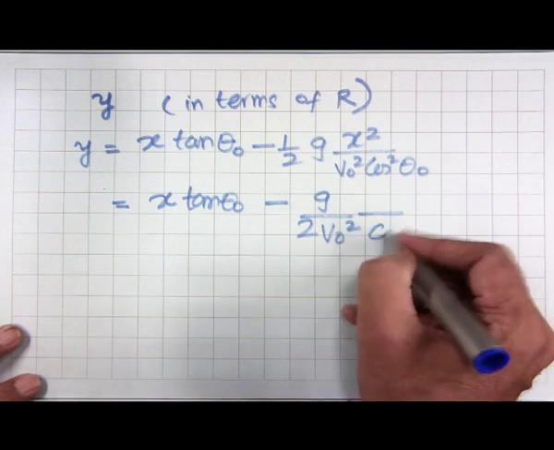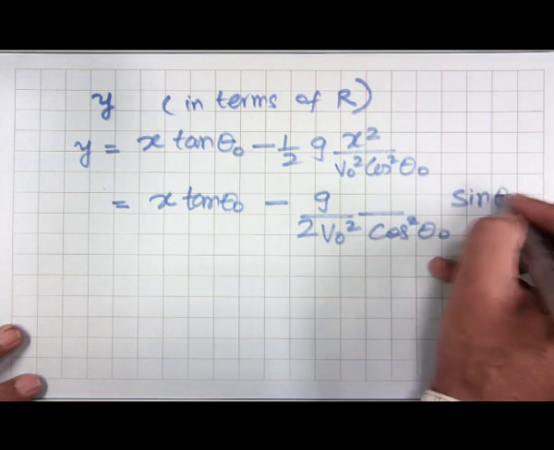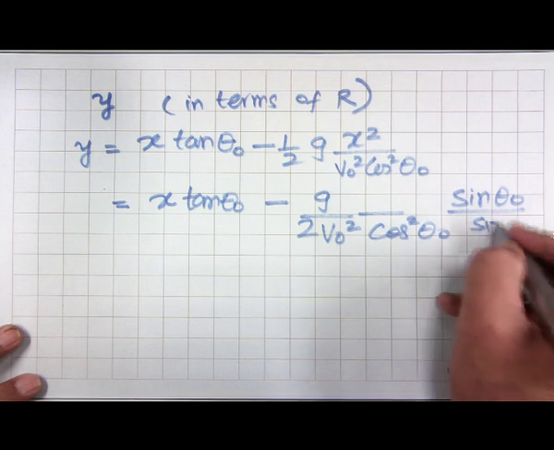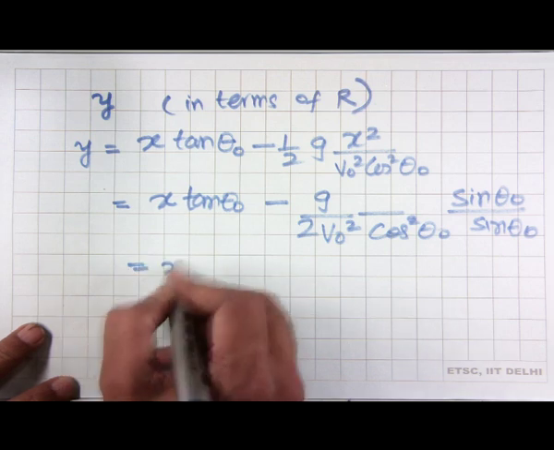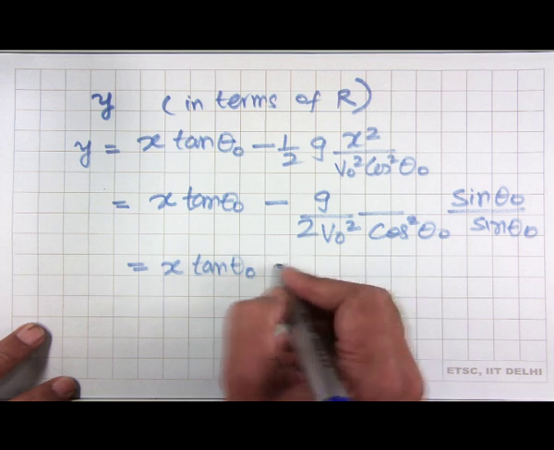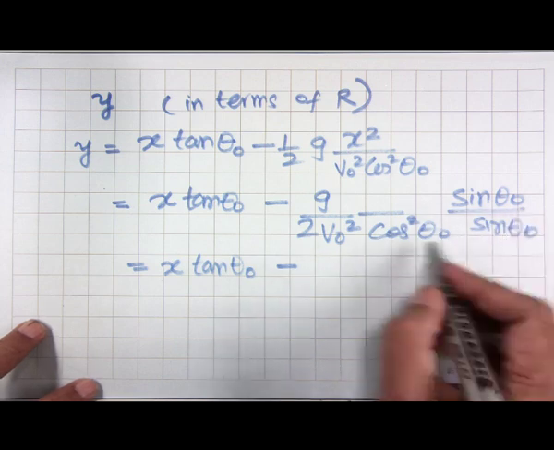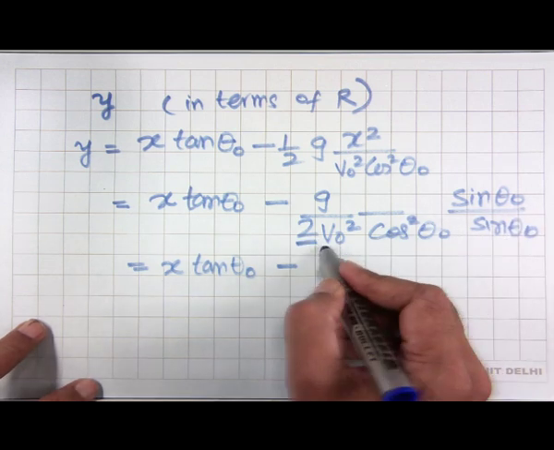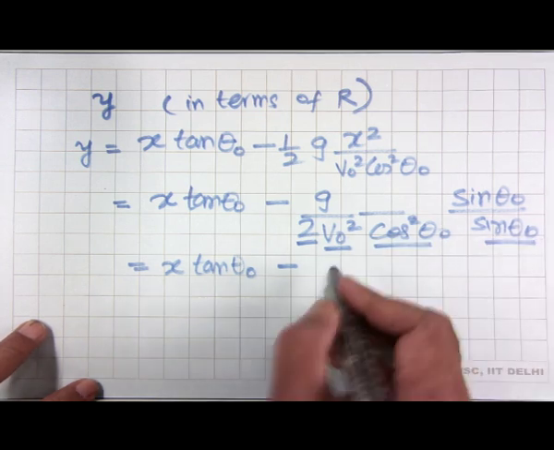Now we have cos square theta 0, so we multiply by sin theta 0 and divide by sin theta 0. So this will become equal to x times tangent theta 0 minus, then we will have 2 v0 square cos theta 0 sin theta 0, that is equal to range.